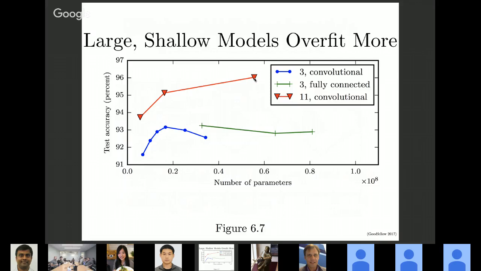Basically, you can see the depth 11 net was always better than the shallower nets for several different values of the parameters. We did find the depth 11 net worked pretty well if we just made it really big. But you can see, for example, the depth 3 net would overfit if we made it bigger: the accuracy would decrease as we increased the number of parameters by widening the net.